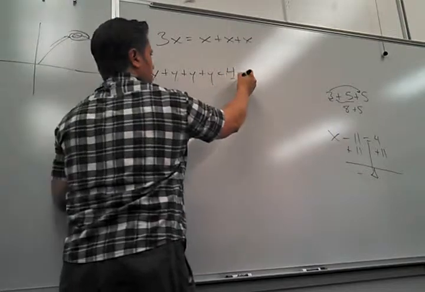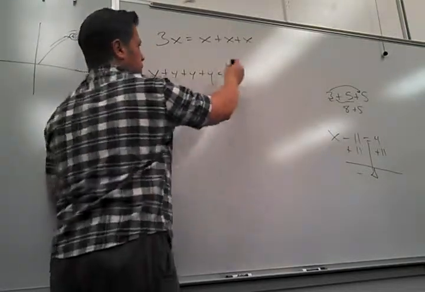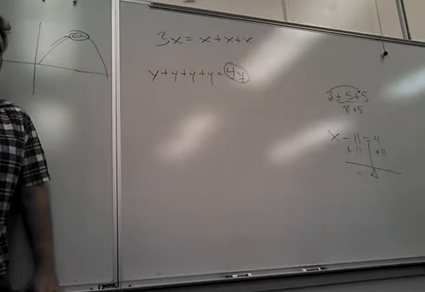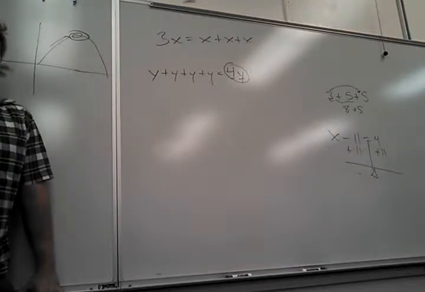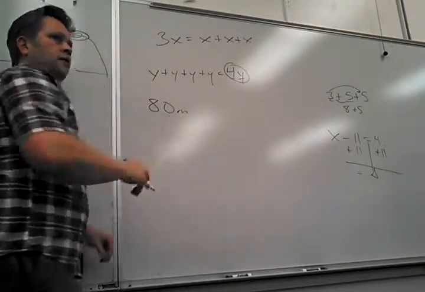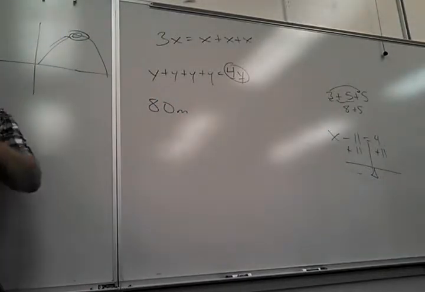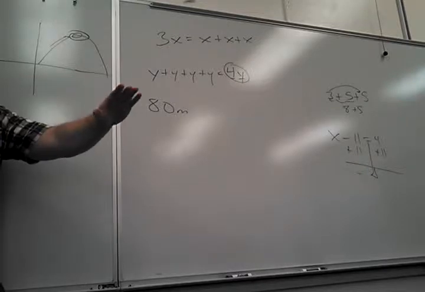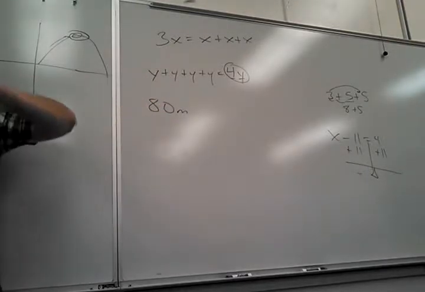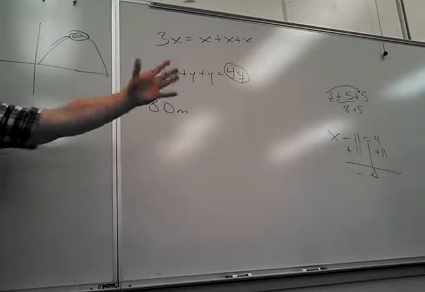So that's why there are 4 y's. This is really just an expression that we came up with back in history so that we didn't have to write a bunch of y's out. So when you see 80m, thank God we have that instead of writing m plus m plus m plus m plus m plus m plus m, right? You kind of with me? What would that mean? m plus m, how many m's? 80 of them.